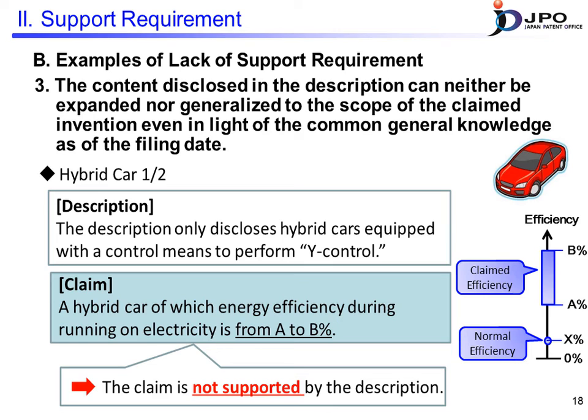In addition, as shown on the right-hand side of the slide, the description shows that the energy efficiency of the hybrid car while running on electricity is within A% to B%. On the other hand, the claim is a hybrid car of which the energy efficiency during running on electricity is from A% to B%.